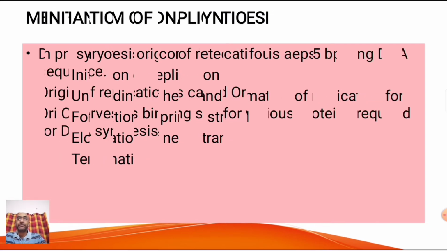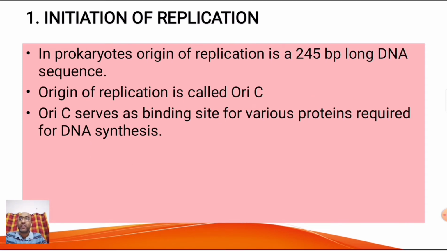Now let us come to the initiation of replication. In case of prokaryotes, the origin of replication, that is where the replication begins, is a 245 base pair long DNA sequence. We are talking about E. coli.